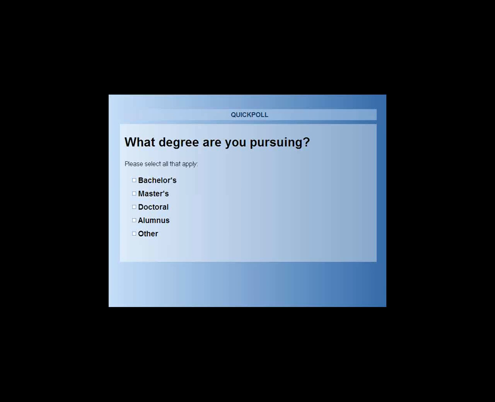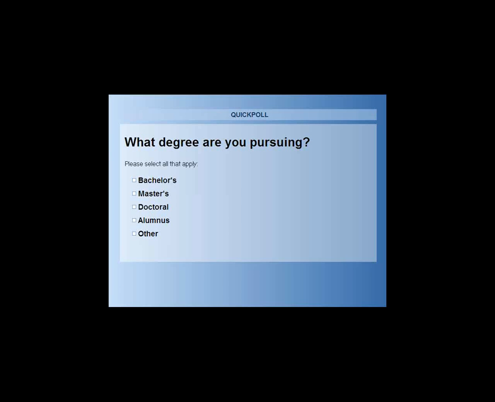Great. It looks like the majority of our students are at the master's and doctoral level. So our presenter, Bill Brantley, will be hopefully addressing a lot of your key questions today. Okay, so we're going to close the poll. It looks like almost 50-50, 50% doctoral and 47% master's students, and a few bachelors.